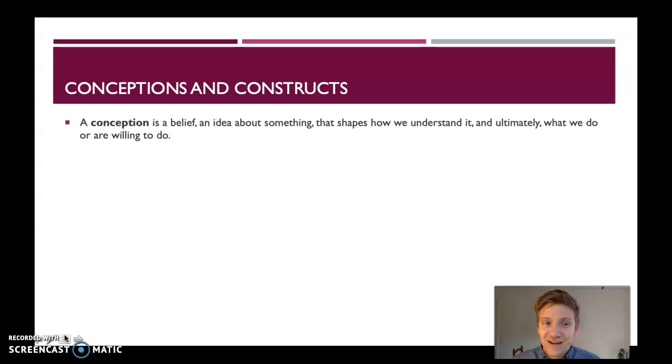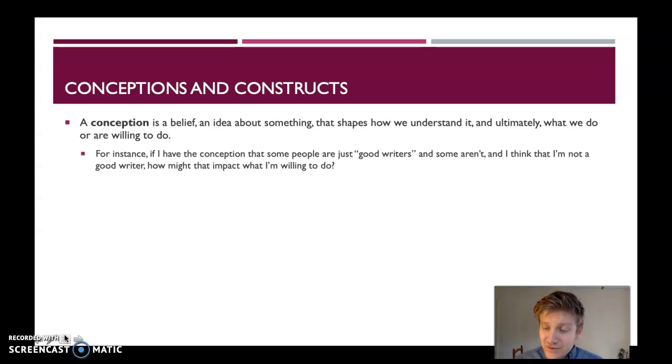Of course, we're going to apply these ideas to writing. If you have the idea that some people are just good writers and some aren't, and I think that I'm not a good writer, how might that impact what I'm willing to do?